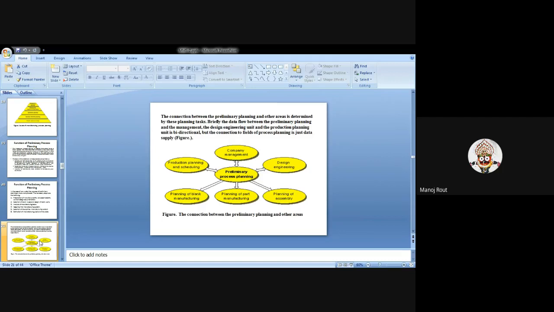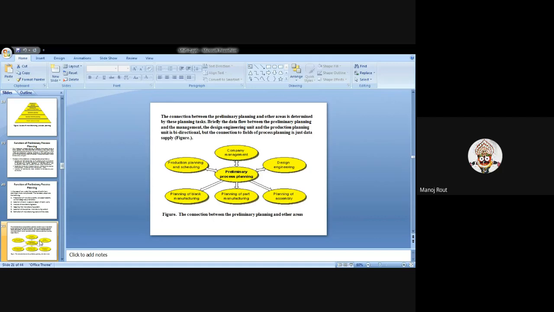Production planning and scheduling, company management, and design engineering are bi-directional with the preliminary process planning. How? For example, company management provides the basic decisions regarding process planning in case of the manufacturing process.